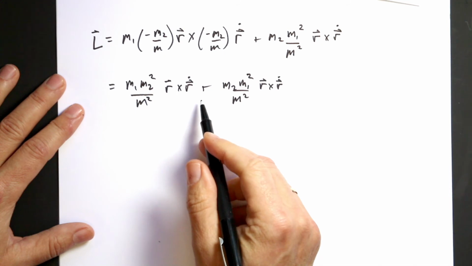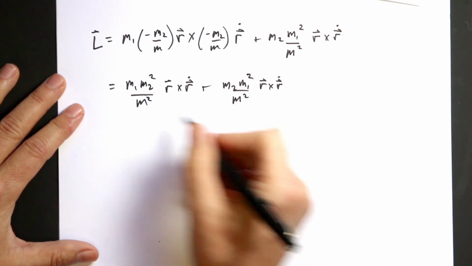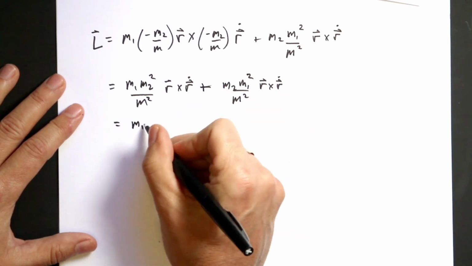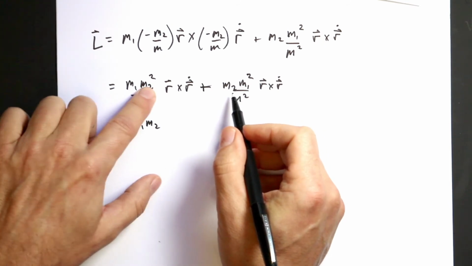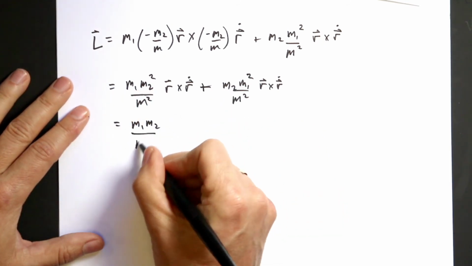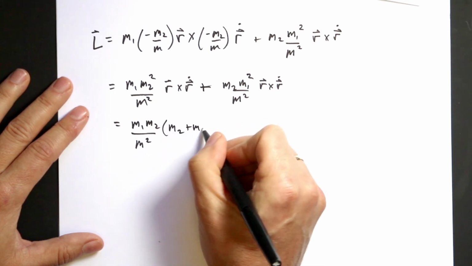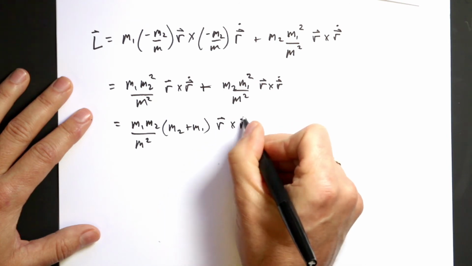And then you can factor out the R dot. That's a plus. So this is equal to M1 M2 over M squared, since they both have an M1 M2 and an extra term over M squared, and then I have a leftover M2 plus M1, and then R cross R dot.